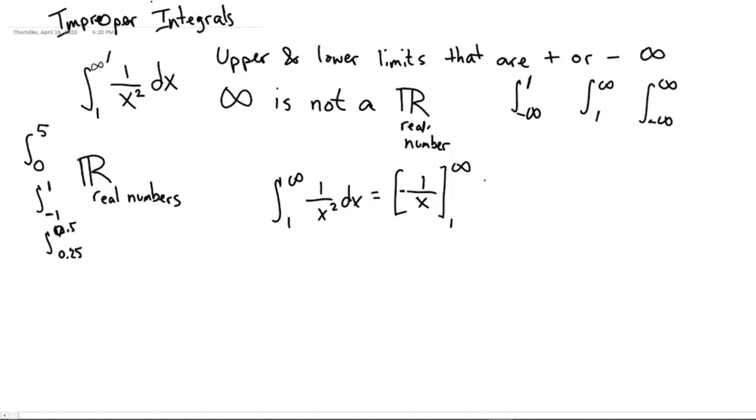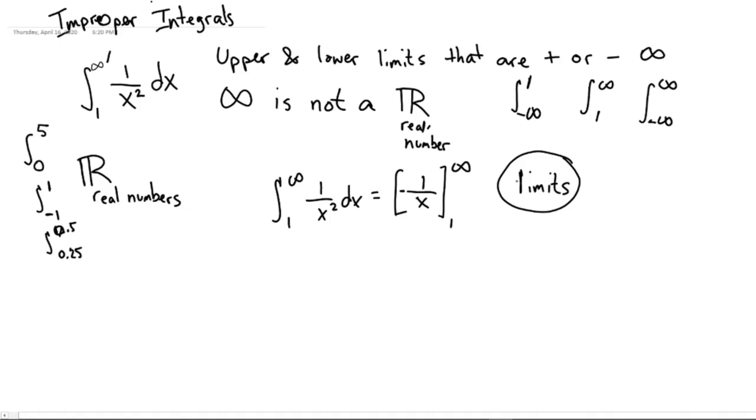And as I've said, infinity is not a real number, so you can't just plug this in here and think everything's going to work out fine. Whenever we're working with infinity, the proper way to evaluate is to use limits. If you ever see an infinite sign, just remember that limits are an absolute must.